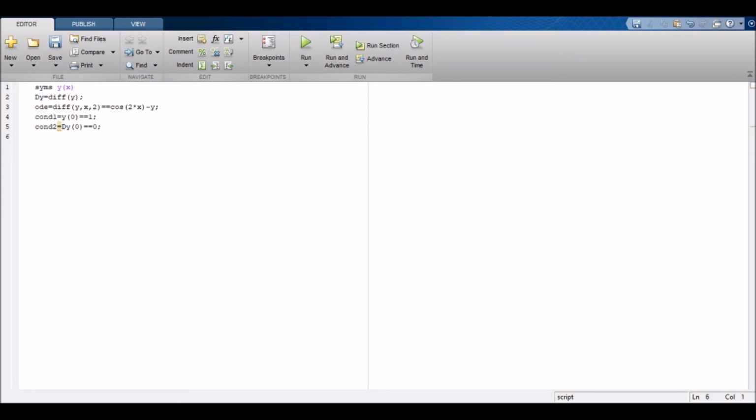And then we define conditions equal to, in square bracket, condition 1 space condition 2, bracket complete, semicolon. These are the conditions.